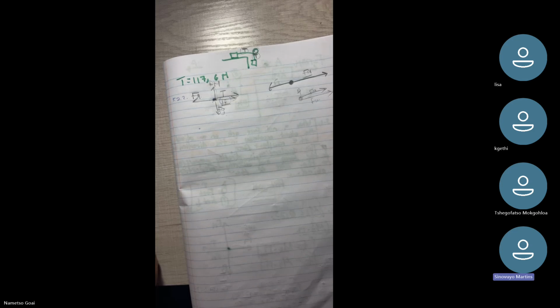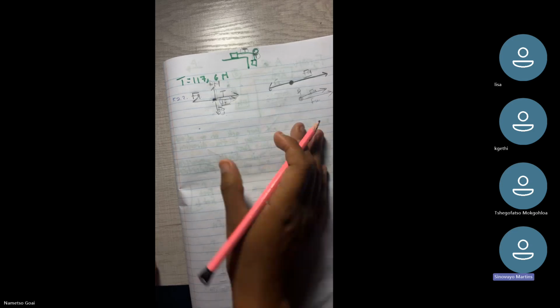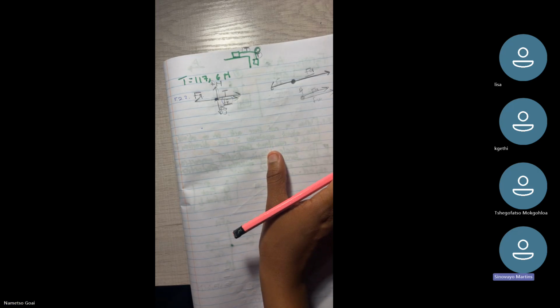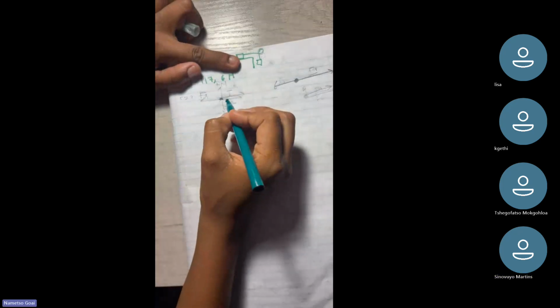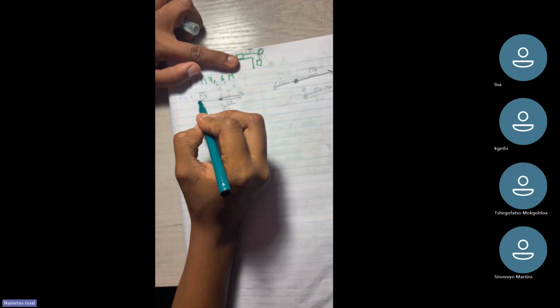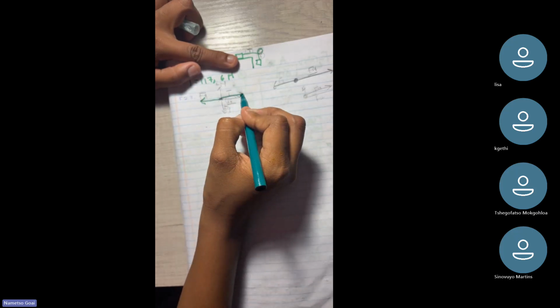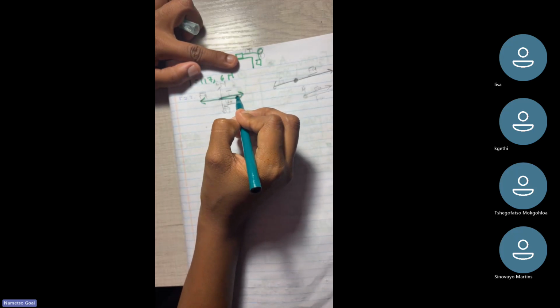We can calculate the forces that are acting horizontal on block A. Yes. Because friction is acting along the x-axis, we have our FA going there, we have our FT, and we have our FK.